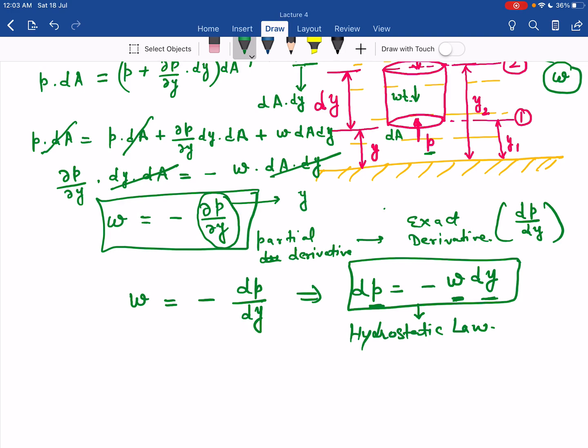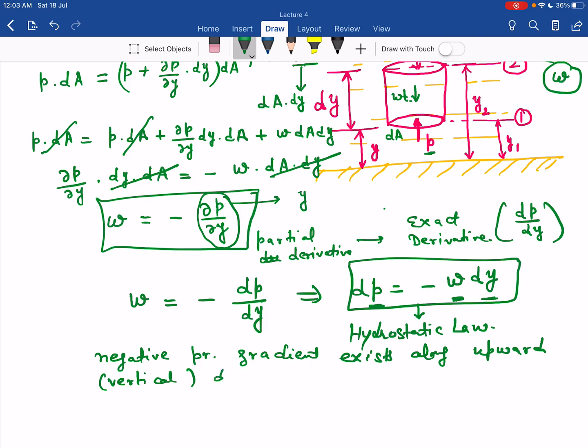Now this equation indicates that a negative pressure gradient exists along the upward, that is vertical, direction.